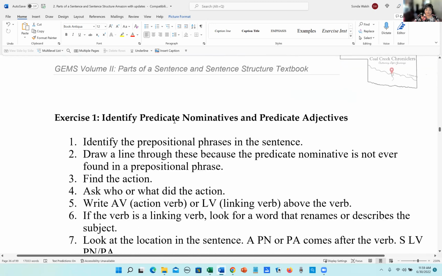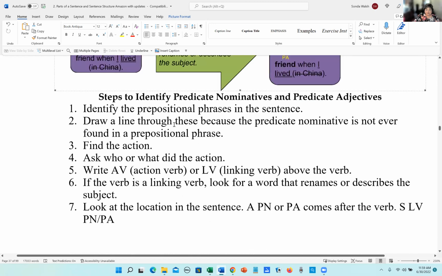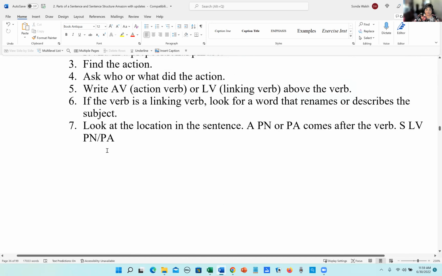Let's do a couple sample sentences right quick, just to demonstrate so that you can see.